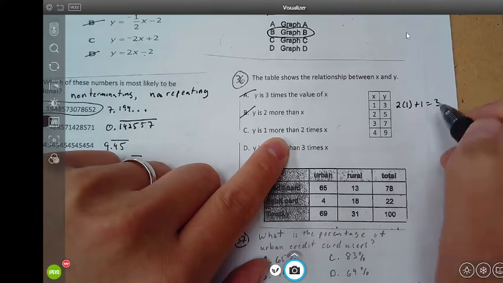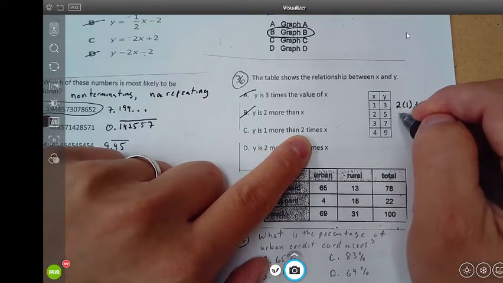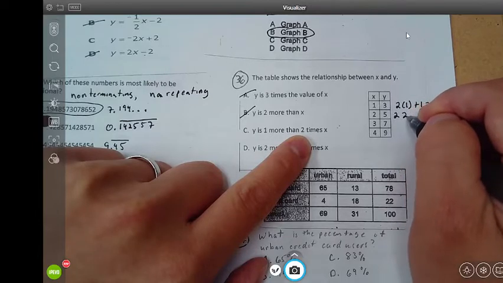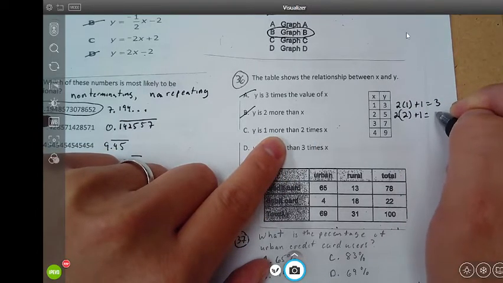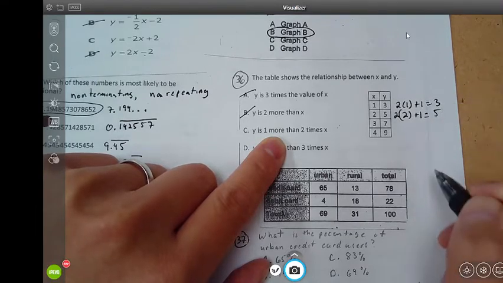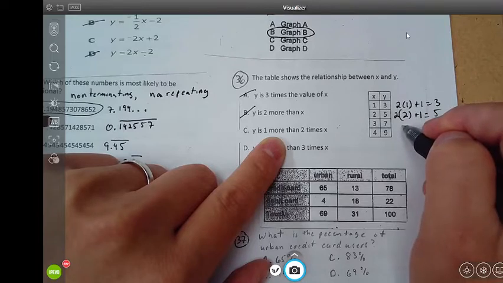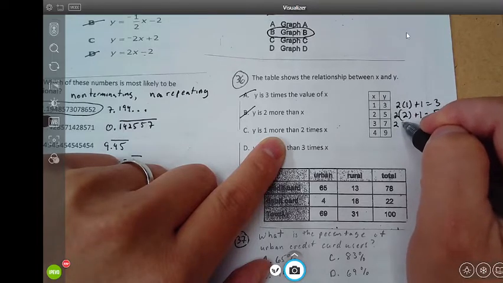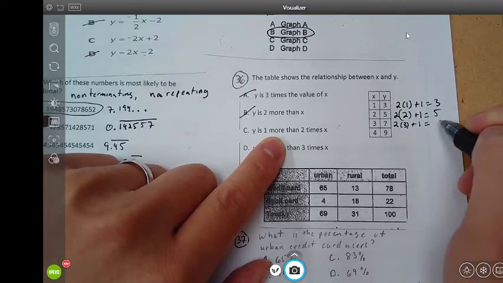Okay, let's check x here. So 2 times 2 plus 1 is 5. Now 2 times 3 plus 1 is 7.